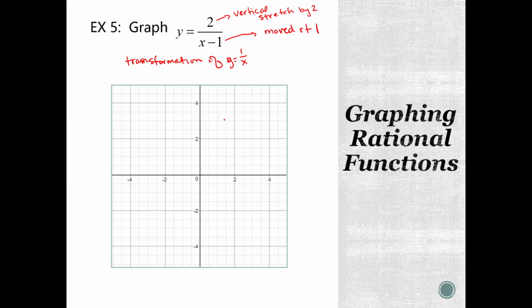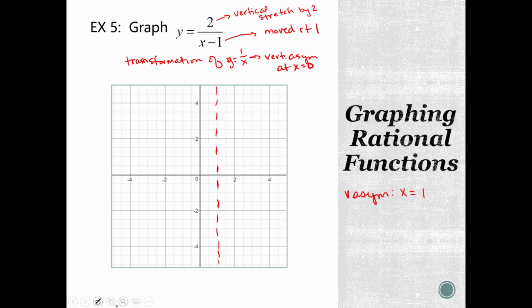Now, what is that going to do? Well, that means my vertical asymptote is now going to be at x equals 1 because this one had a vertical asymptote at x equals 0. So I can mark that.